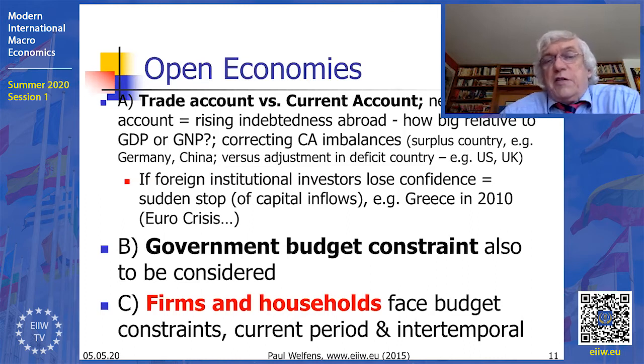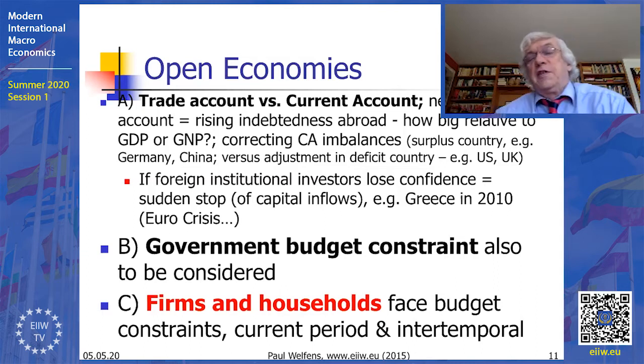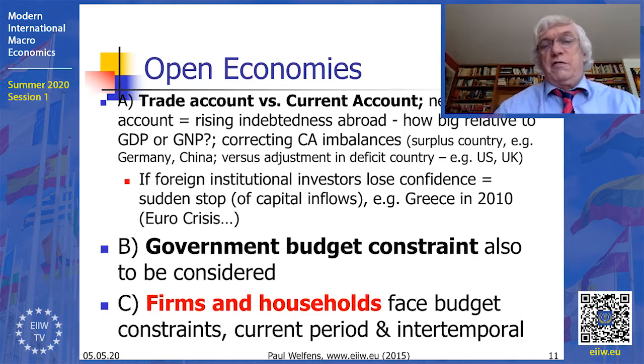And of course, the budget constraint will show us if there is a deficit GDP ratio, which is positive. And typically, of course, then in a recession, this deficit GDP ratio will rise. In 2020, I'm afraid we will see some dramatic increases in Italy, in the US, and in some other countries.